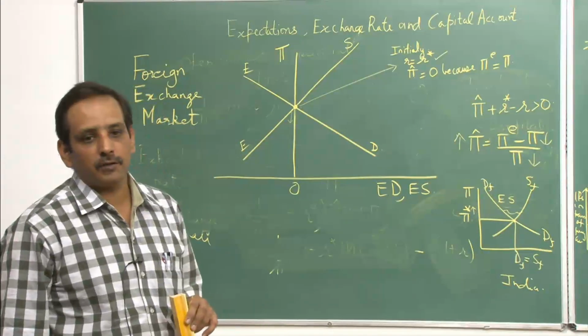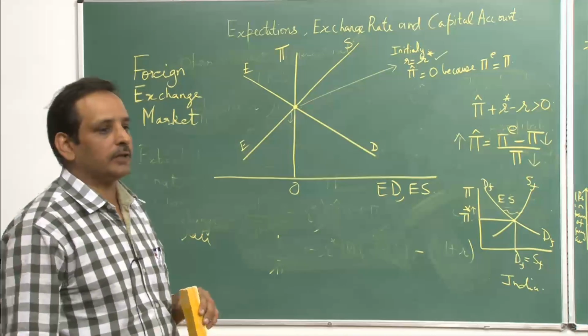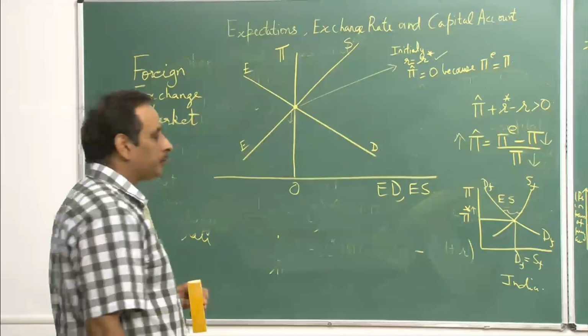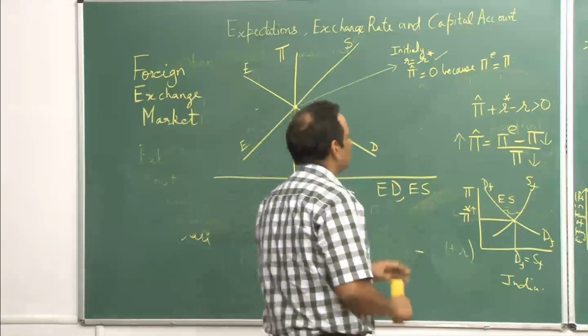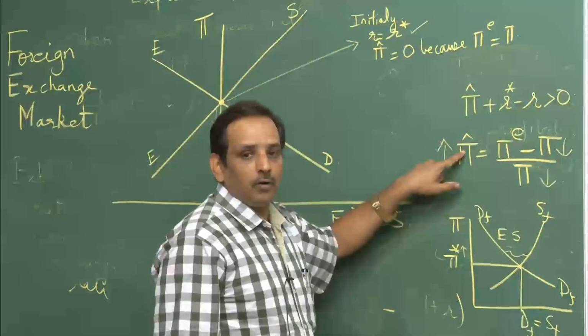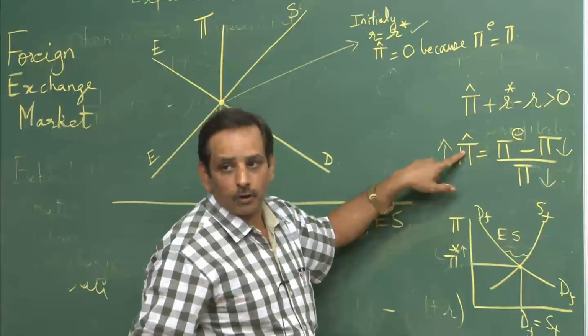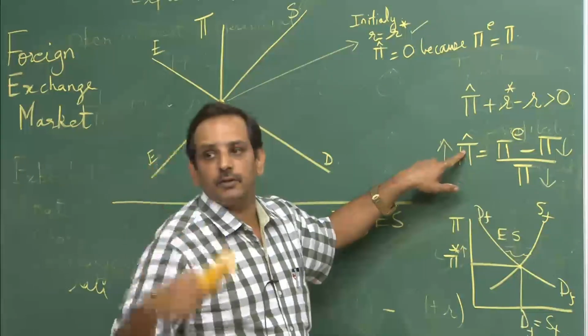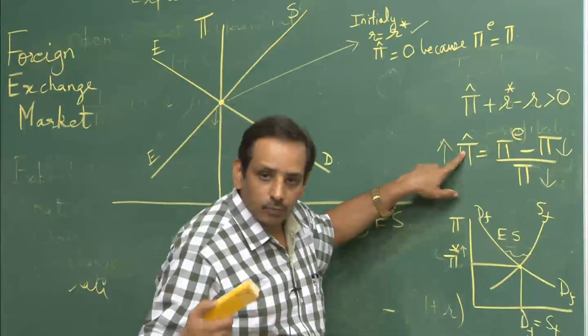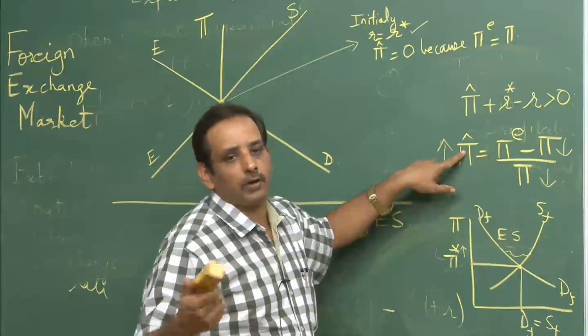So, when you see a positive interest differential, the investors and speculators, expecting depreciation of your own currency or appreciation of the foreign currency, would now like to demand more of foreign currency.